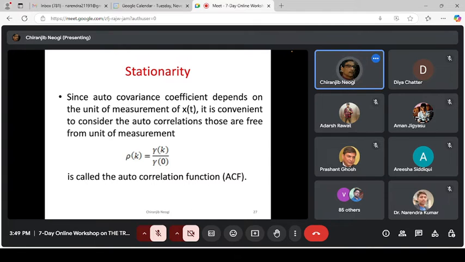This is the lag k. So this is called the autocorrelation function.